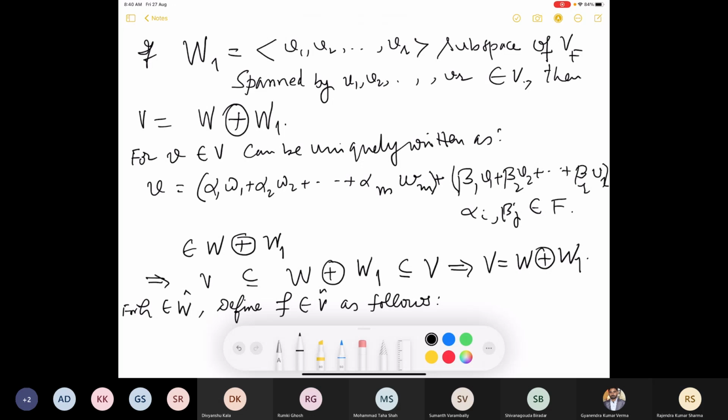For v in V, we can write this uniquely: there exists w in W and a unique w1 in W1 such that v is equal to w plus w1.